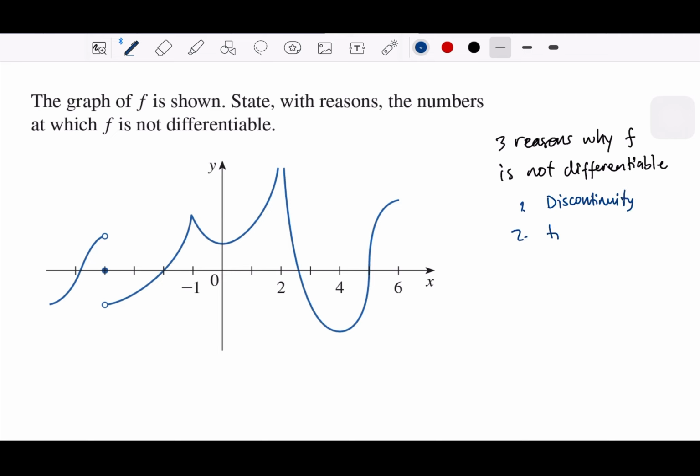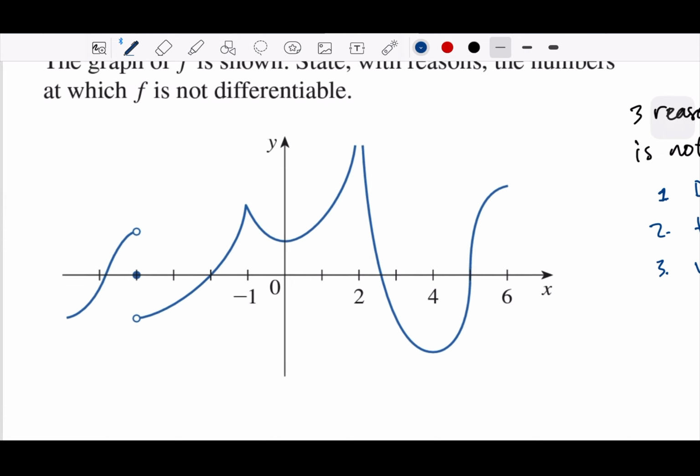Second, you have a sharp tip corner. And the third one is if you have a vertical tangent. These three reasons are why a function will not be differentiable.